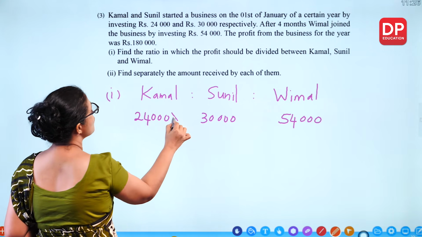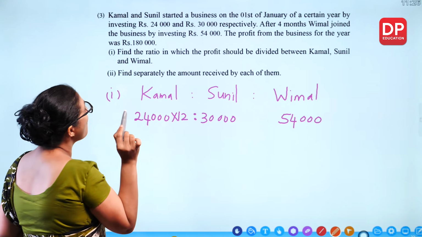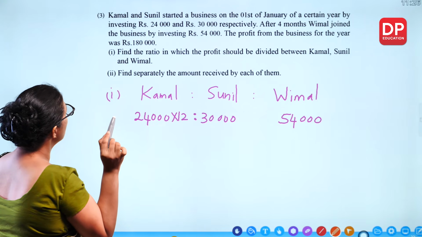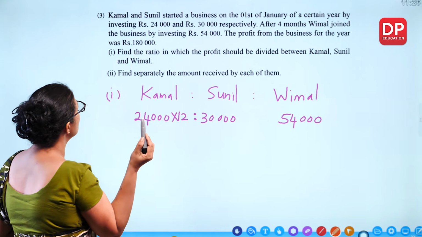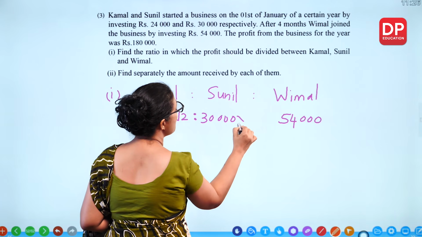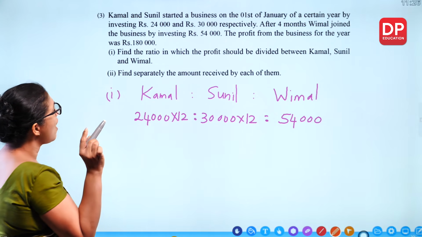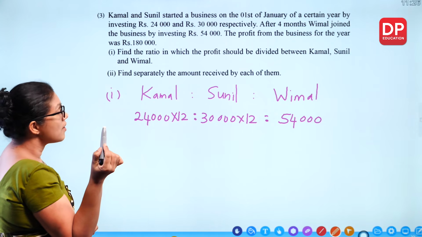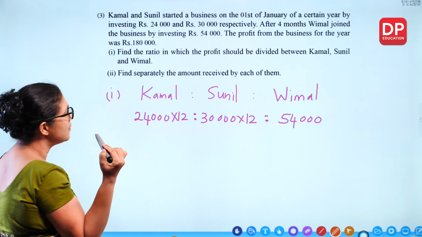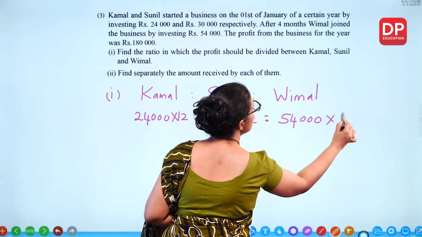That means 12 months for Kamal. Sunil also started on 1st of January. That means 12 months. Then Vimal joined after 4 months. So subtract 4 from 12. You get 8 months.